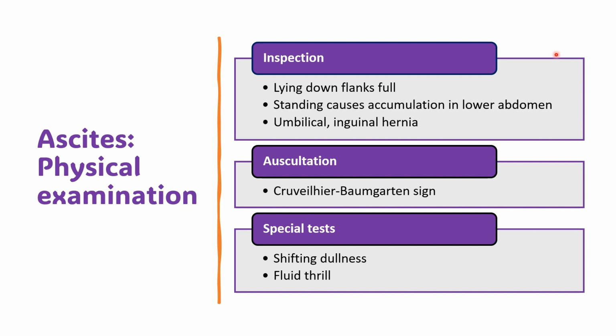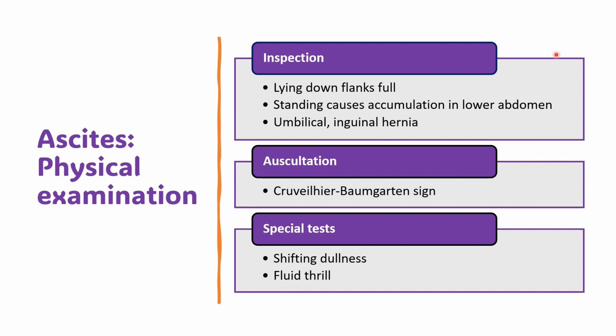Fluid thrill, sometimes this requires two examiners, or you can ask the patient to place their hand on the midline of their abdomen and press down. And then essentially the examiner places one hand where they suspect the fluid is, and they can pulse on the abdomen, and their other hand is placed on the other side of the abdomen, and that hand should be able to feel the fluid pulsing to that side.